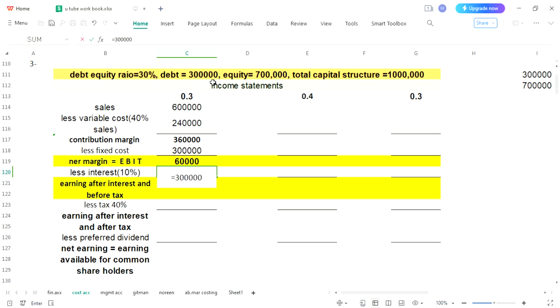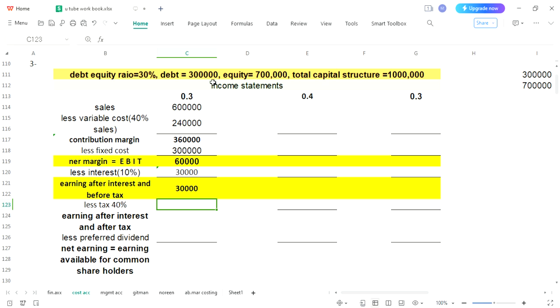You take 10%, multiply by 10 divided by 100. In this way, the amount of interest has been calculated. Now earning after interest would be calculated by subtracting interest from EBIT. 60,000 is the amount of EBIT, subtract the amount of interest 30,000. So we have got 30,000 as income after interest.